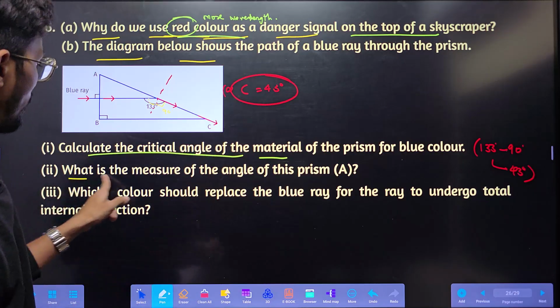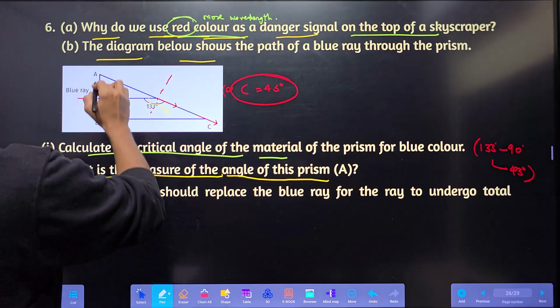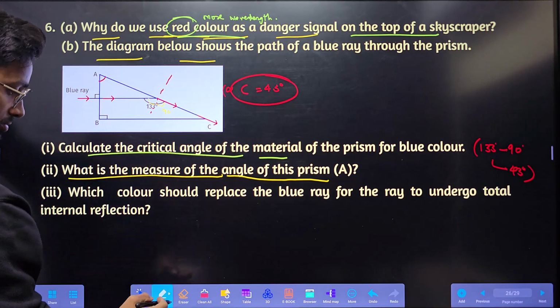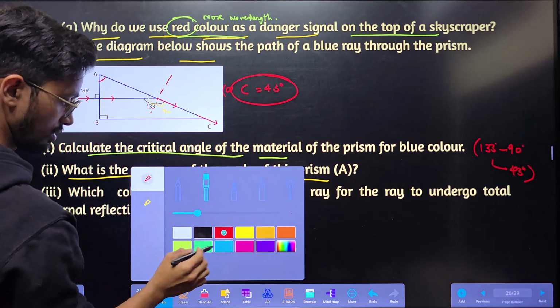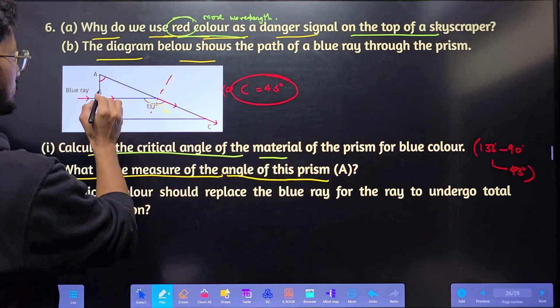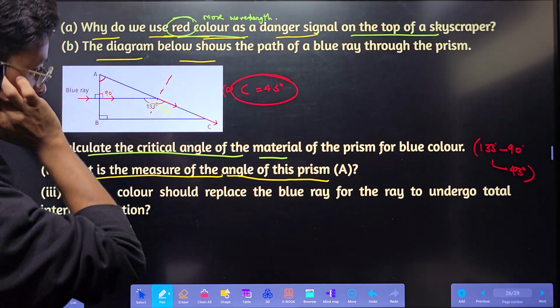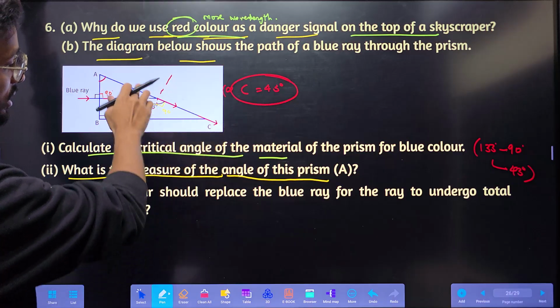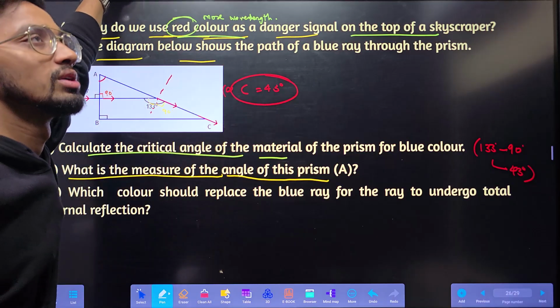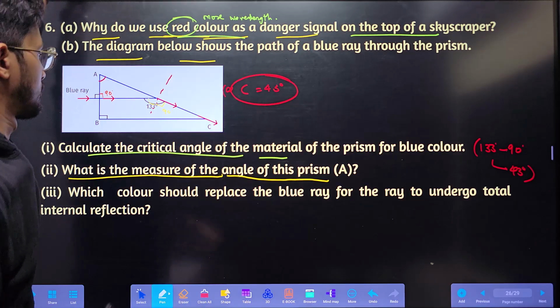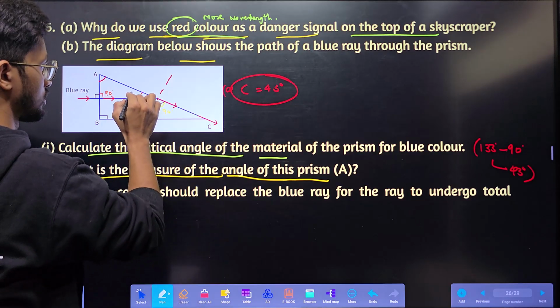Next, what is the measure of the angle of prism? Okay, see here. This is 90. Total is 180 minus 133, which is 47.